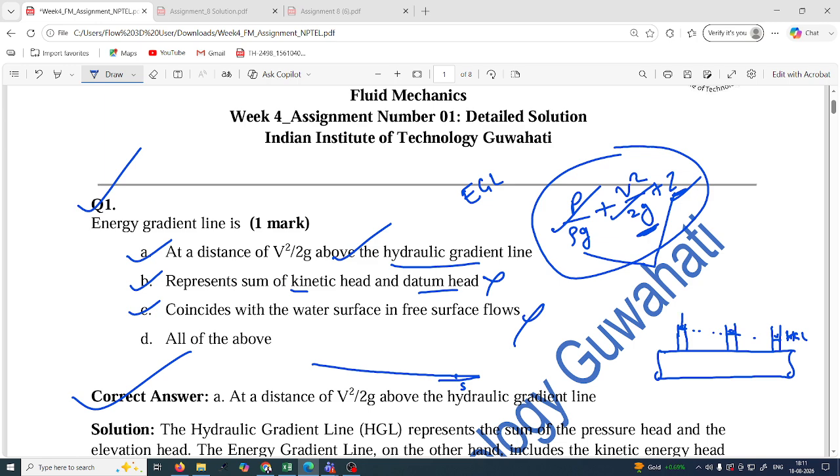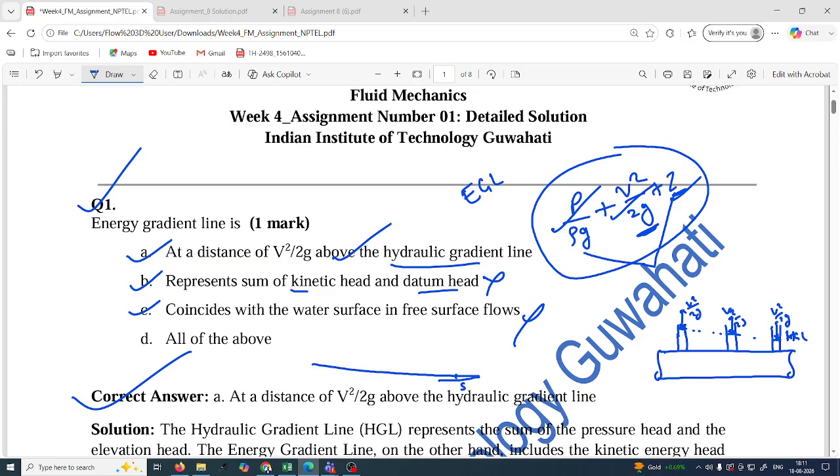Now go above by V square by 2g. Here V square by 2g, here V square by 2g. So you need to write the local V square, not all the same V; maybe the V is the same or not, it depends on the condition of the pipe.